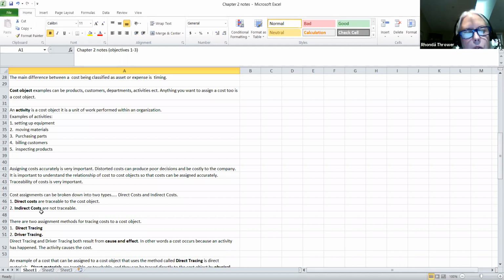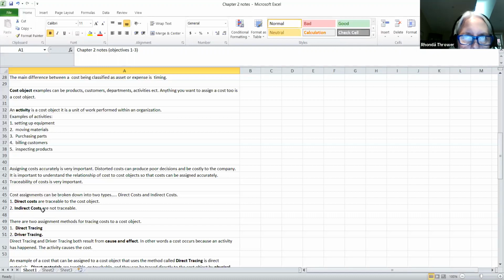Indirect costs are not traceable to the product itself. Some examples of indirect costs are factory overhead cost, or in this textbook, they just refer to it as plain old overhead. Factory overhead cost would be the cost of factory supplies.